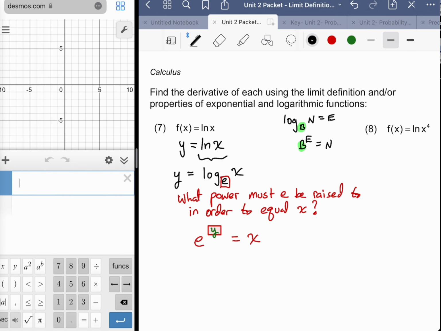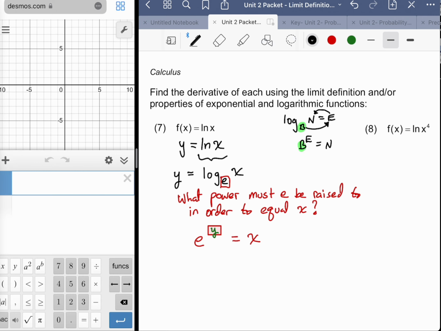In log form, you just work your way around in a circular pattern, and that tells you the ordering of values from left to right. So it would be b to the e power, b raised to the e, is equal to n. The b is for base, e for exponent, and n for some number.